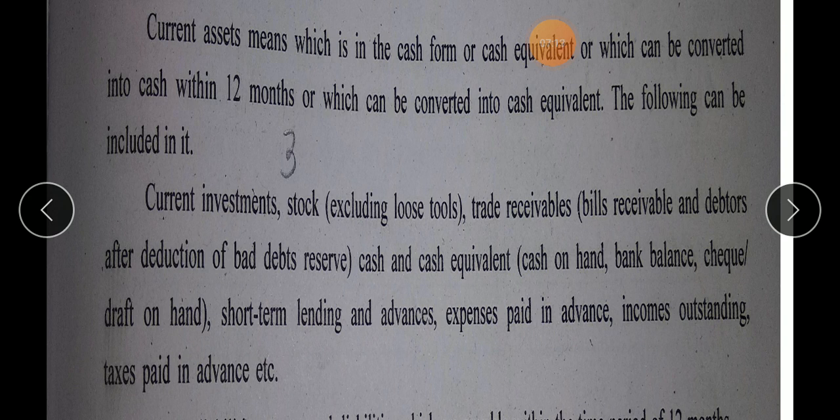Once you are instructed to calculate current ratio, you will write down the formula, then you will total current assets. You will keep these items in your mind while calculating current assets from the given question. Out of these items, if any are presented in the question, you will pick it up and consider it at the time of calculation of current assets.